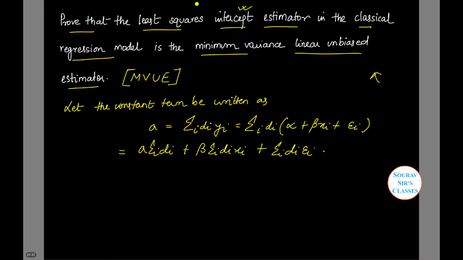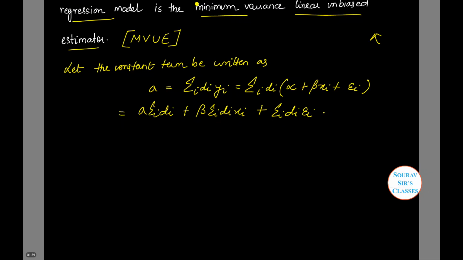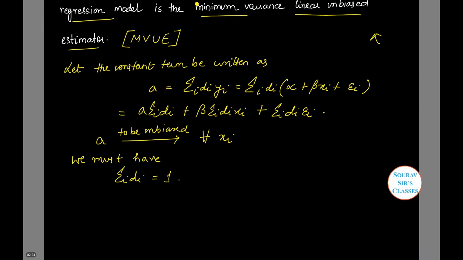Now, if we want the intercept or the constant term to be unbiased for all xi, we must have these two conditions satisfied, that is summation di is equal to 1 and summation di xi is equal to 0.